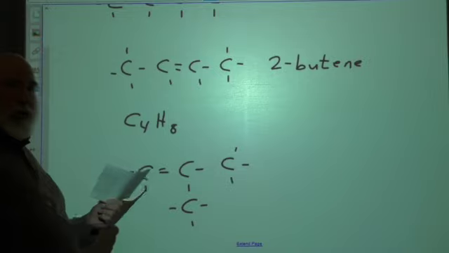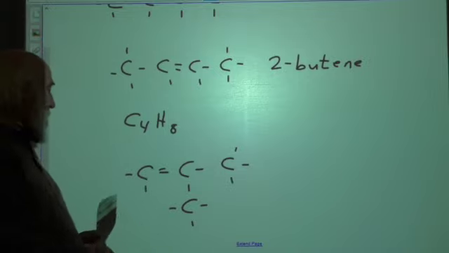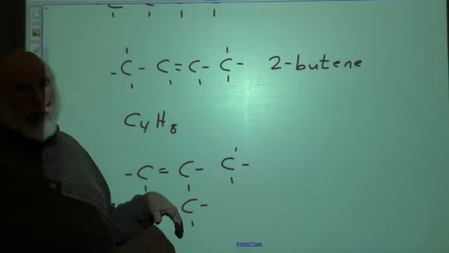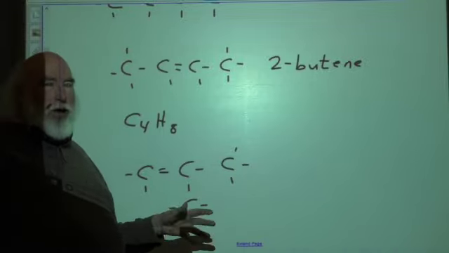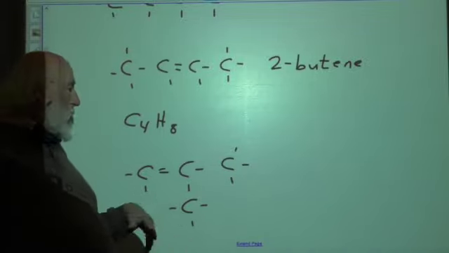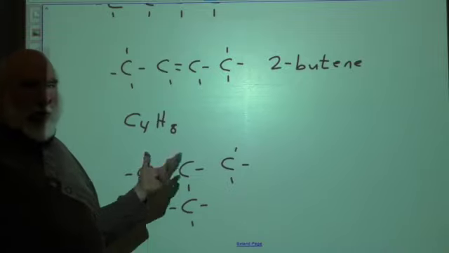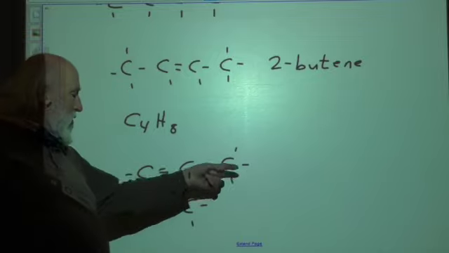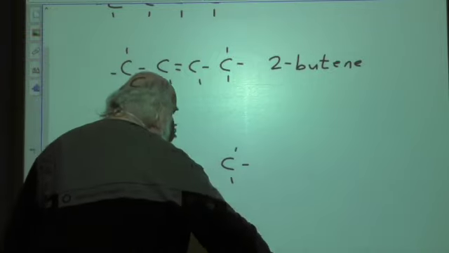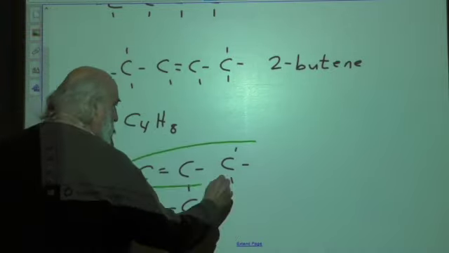The longest continuous chain here is 3. Now, when you start dealing with unsaturated compounds like alkenes and alkynes, the longest continuous chain must include the double or triple bond. So in this case, this is right here the longest continuous chain.